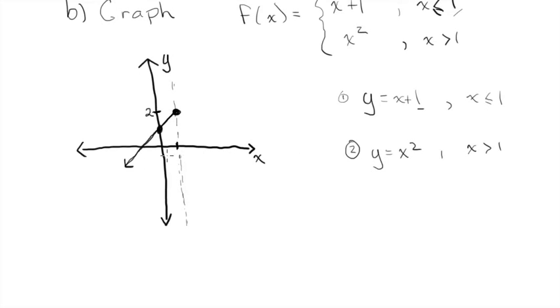The one tricky thing that sometimes throws people off is normally when you graph a parabola, you start at the vertex, which would be right here. But the problem is this point is not bigger than or equal to 1, right? X equals 0 is not bigger than or equal to 1. So you kind of have to start the parabola over here.